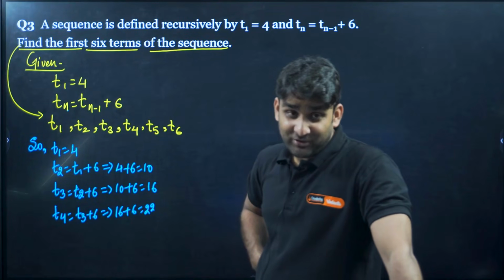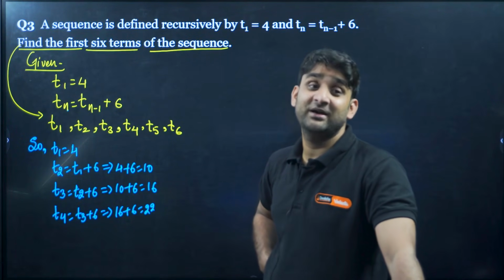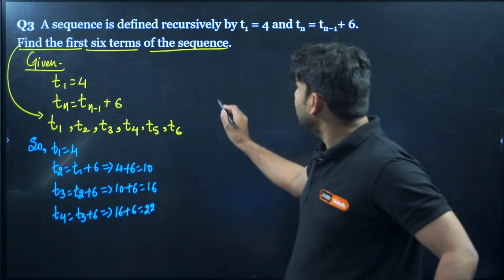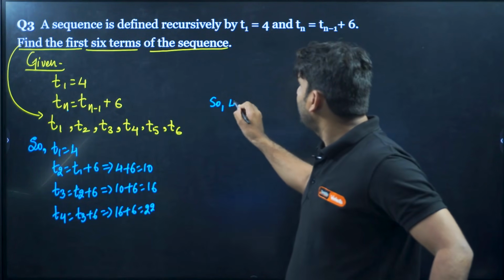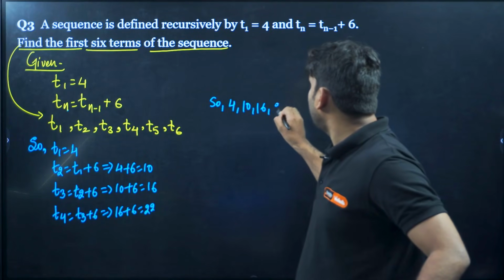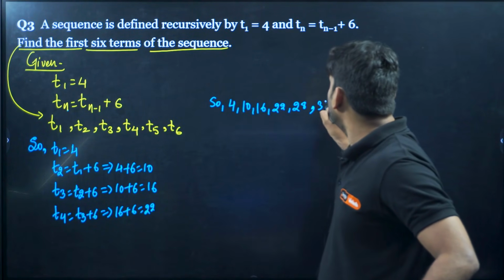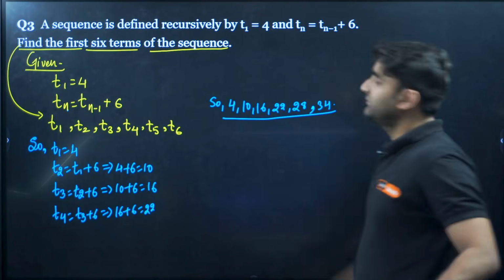It means the common difference is 6. Each term is increasing by 6. So 4, 10, 16, 22, 28, 34. These will be the first 6 terms.